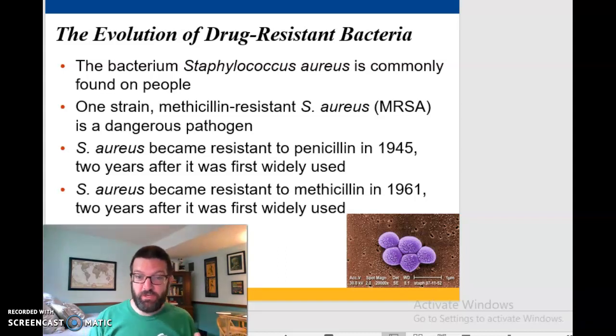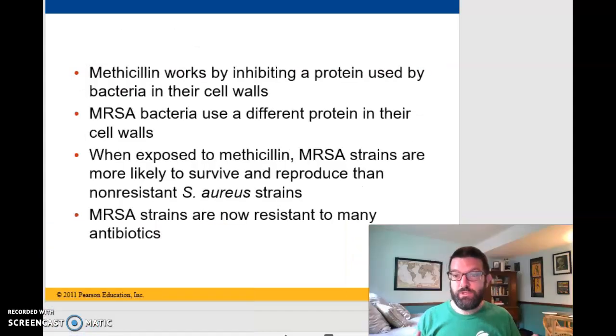Staphylococcus aureus, we originally treated with penicillin, right, the first antibiotic. Back in 1945, it became resistant to penicillin, and so then methicillin is what we used. And then less than 2 decades later, it became resistant to methicillin. And we don't just know that this happened. We know specifically how it happened, because we know how methicillin works.